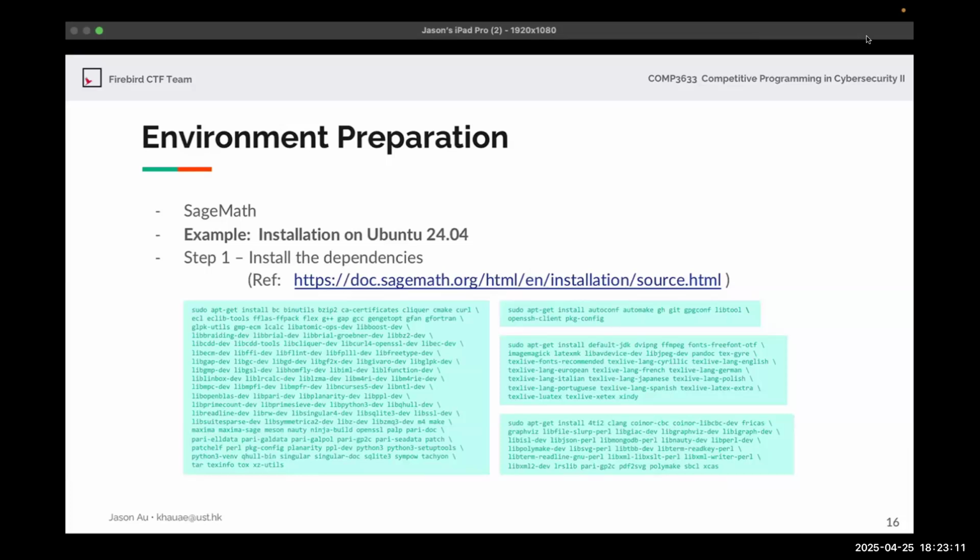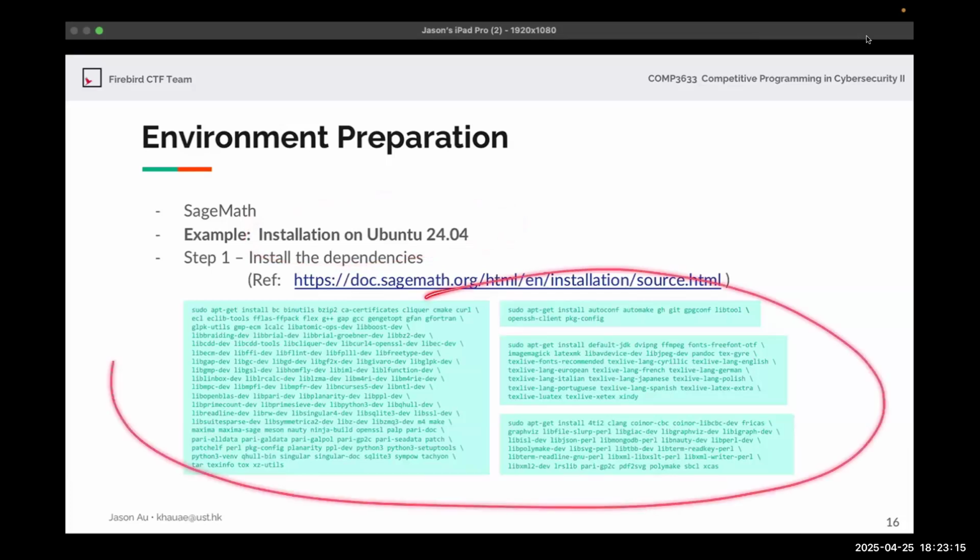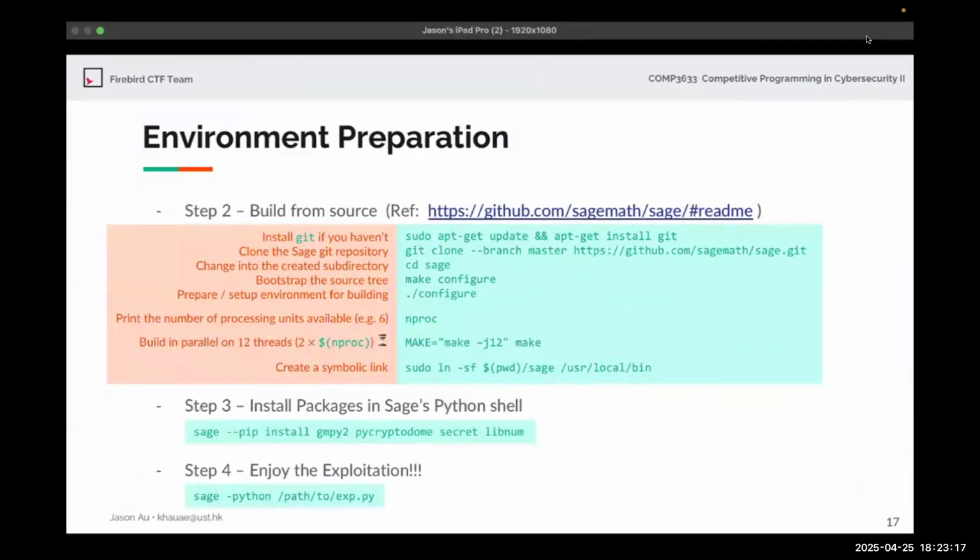Basically, for example, in Ubuntu 24, we need to install a lot of dependencies and then build from the source. So it's a bit different from other libraries, which are a bit easier to install. We'll clone the GitHub repository and then do the configuration, and then you can run it in parallel.